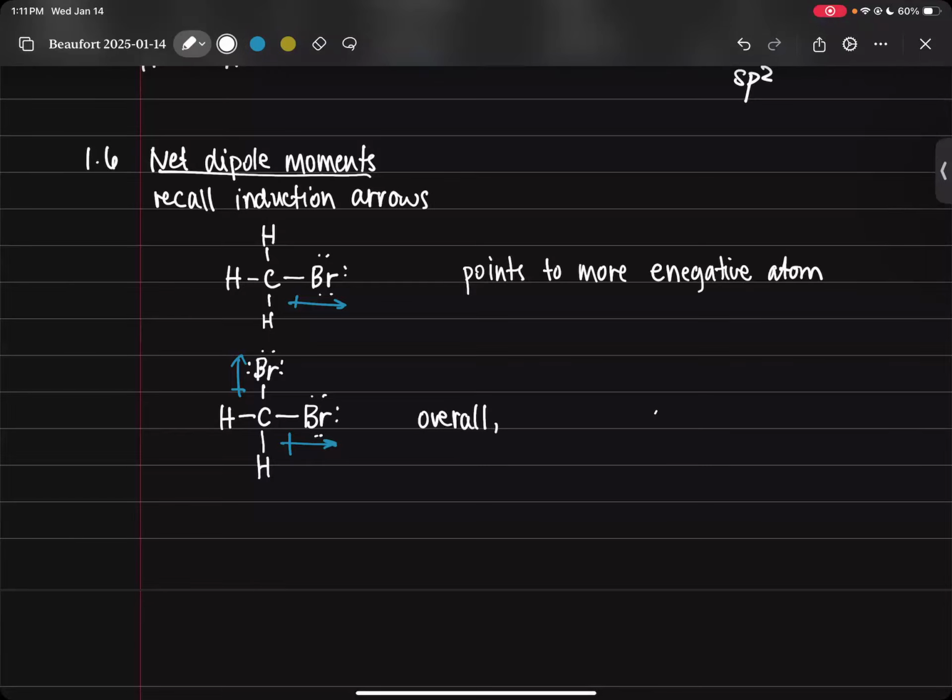So overall, we can actually draw just one induction arrow to show, generally speaking, what's going on. And it's going to look kind of like this. Because we've got one of the arrows going straight up, one of them going to the right. And so if anybody remembers their vector stuff from math, if we add those two vectors, we get one that points up and to the right.